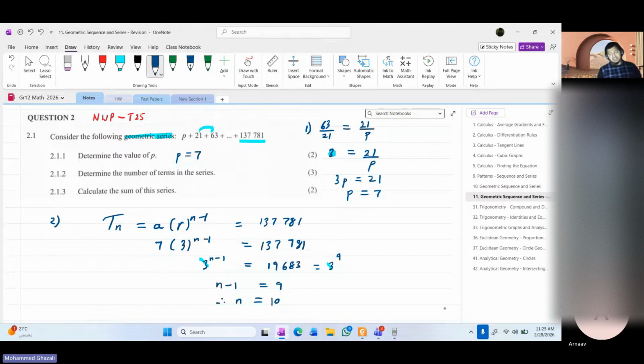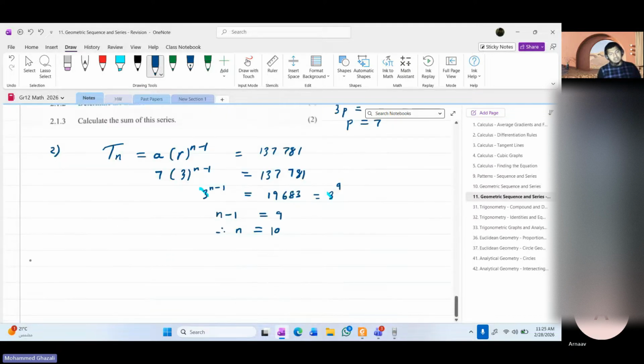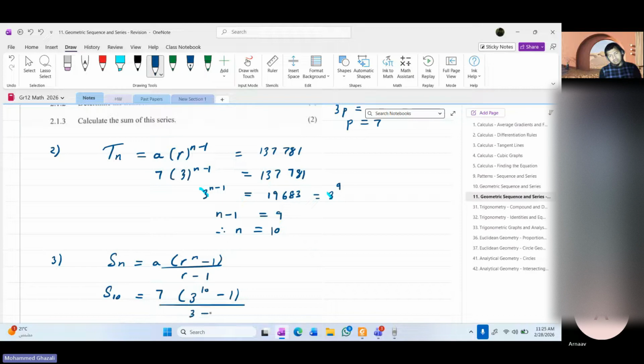Calculate the sum of the series. Now we come to the sum. Right, so Sn is a times r to the power n minus 1 over r minus 1. So what we want to calculate is S10, the sum of all the numbers. S10 is a is 7, 3 to the power 10 minus 1 divided by 3 minus 1.